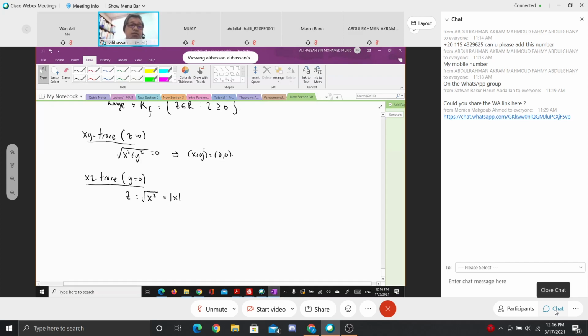So recall in calculus, if I have y equal to absolute value of x, it's a V shape.